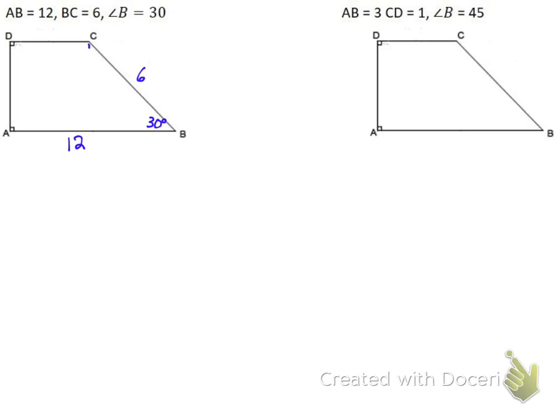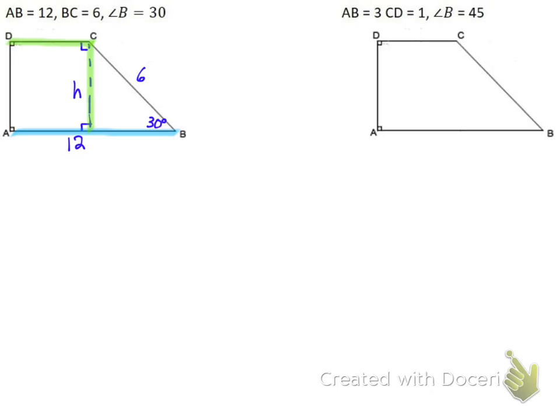So again, same thing, I've got a right trapezoid like that. And so I have this entire piece right here, and what I need to find is my height, and then I also need to find out this top piece as well. Because remember that 12 is the entire length AB, and so I need to find out what H is.